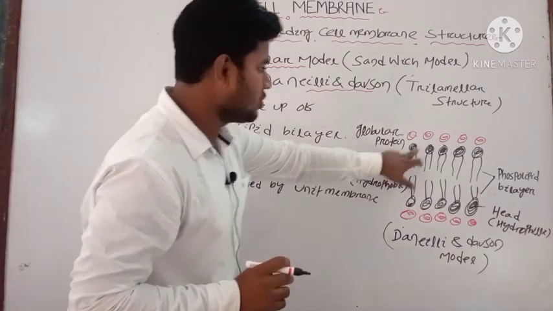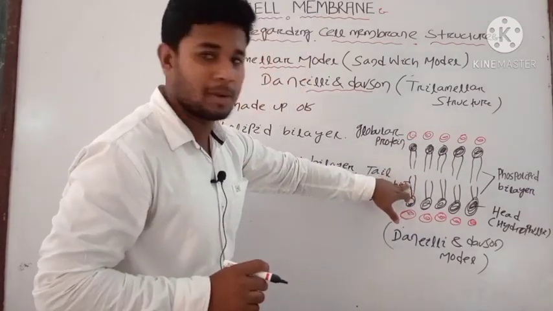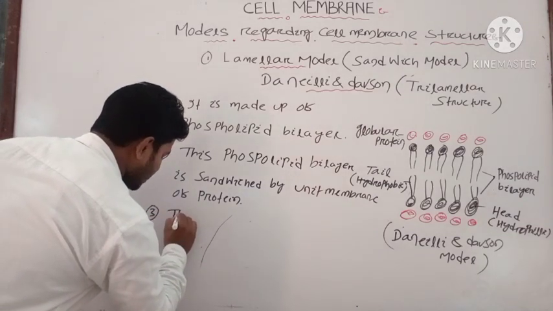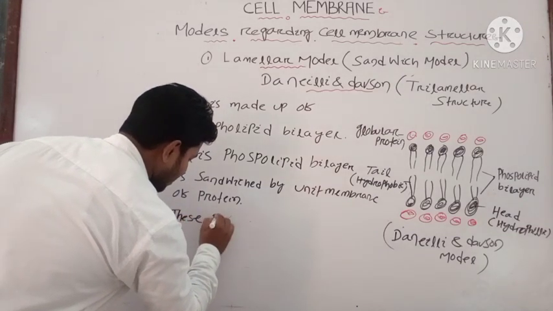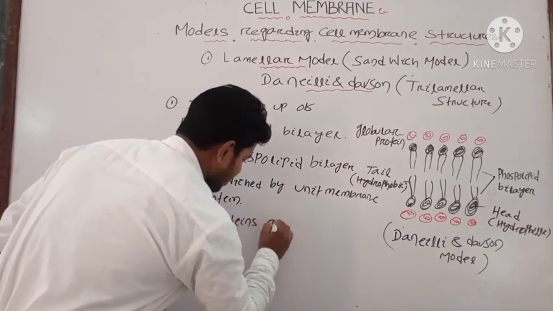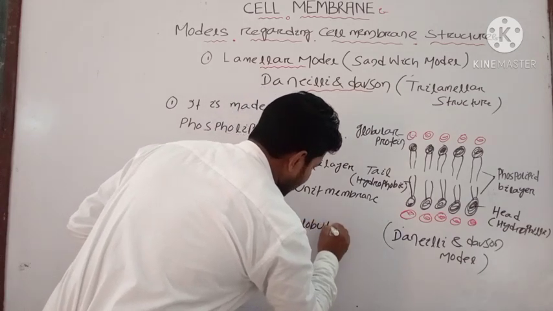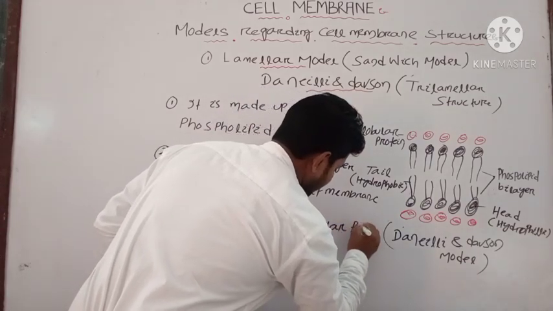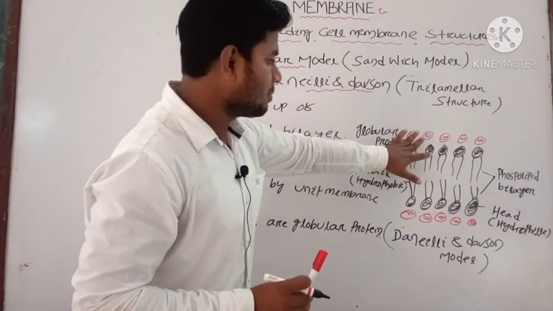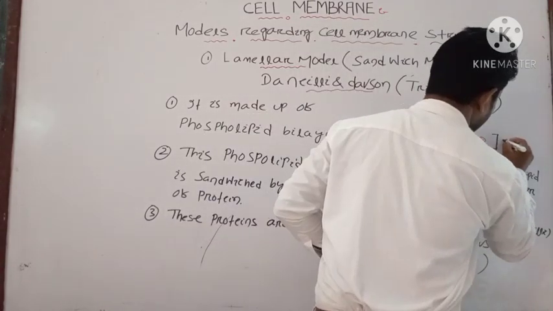Here you can see the unit membrane structure of protein which sandwich the phospholipid bilayer structure. These proteins are globular proteins. Okay, and the thickness of the protein is around 20 angstrom.